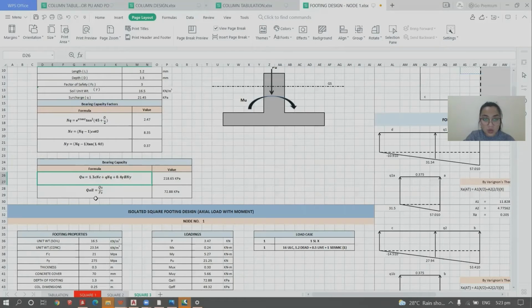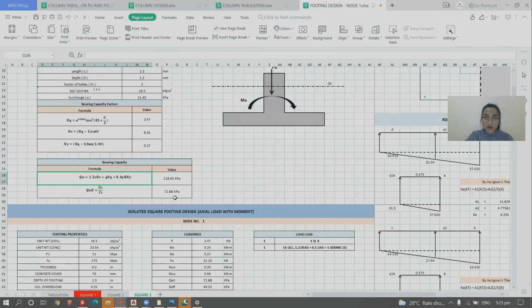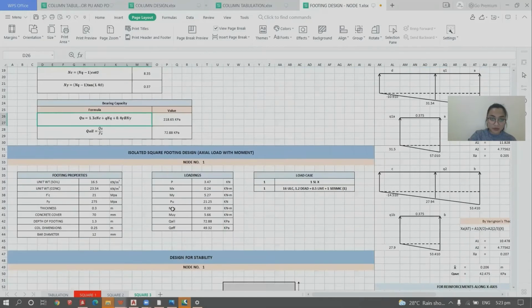Then we have Q all equals QU over Fs, that is 218.65 over 3. The safety factor gives 72.88 kPa.